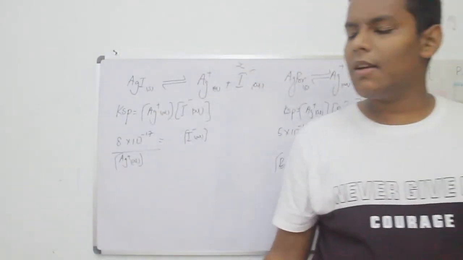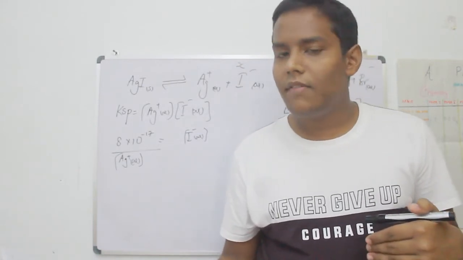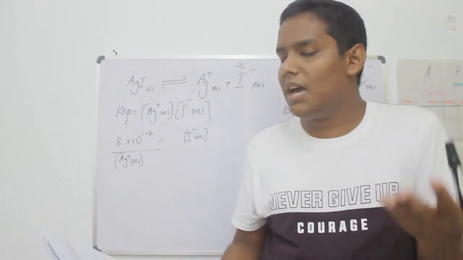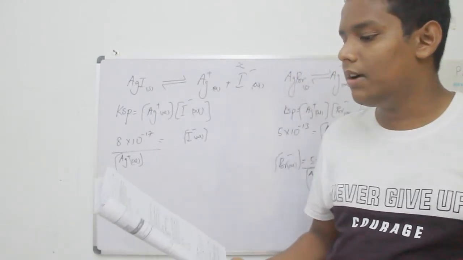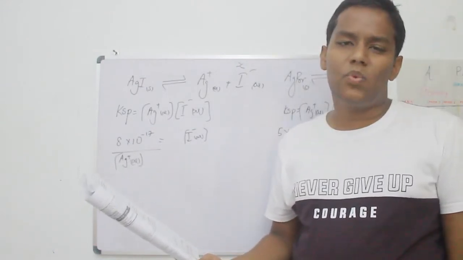Now if you look at this first answer, it gives a direct mathematical value for Br minus, but that's not going to work. Br minus I minus equal to Ag plus square.